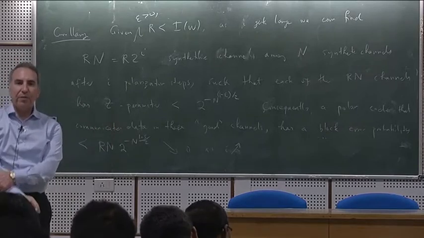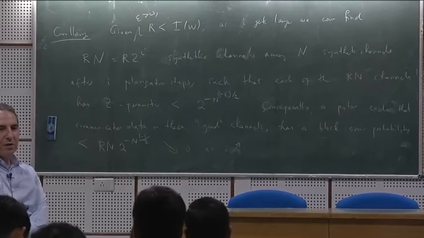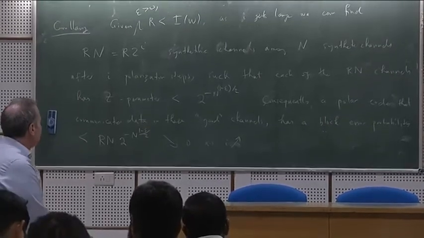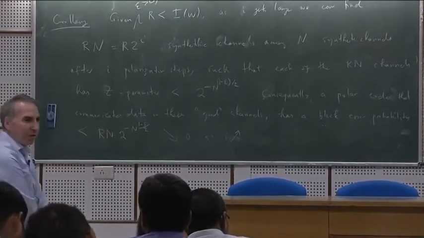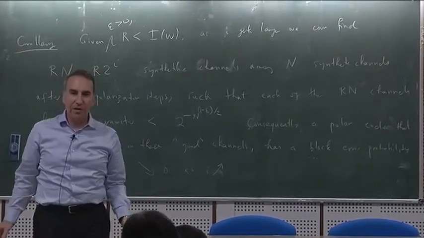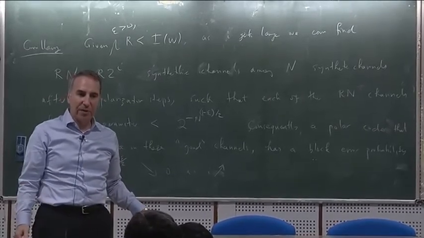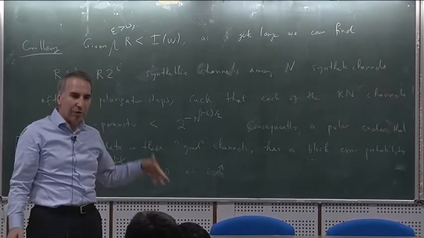So this one says that you can create codes, reliable communication codes, through this construction at any rate which is less than I(W). You give me any rate which is less than the symmetric capacity of the underlying channel.